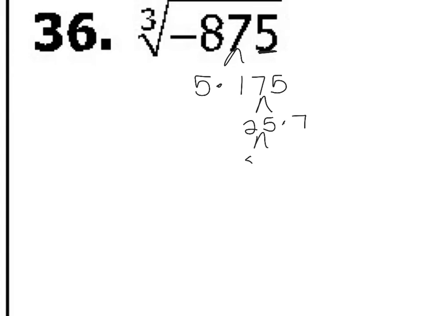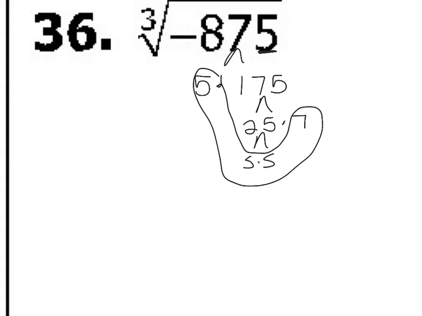So let's pull out 5 times 5. So there's my factor boot. So I got 3 5's that come out. So 5 cubed root of 7. Now it's got that negative, so we'll bring it out.